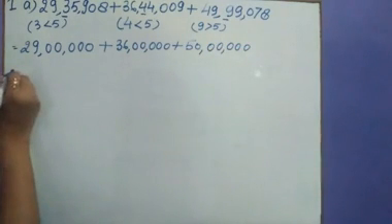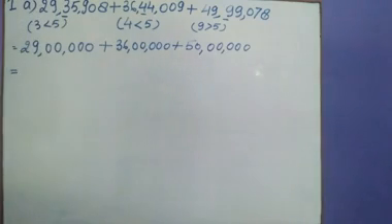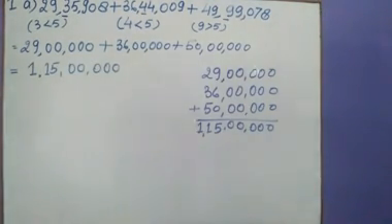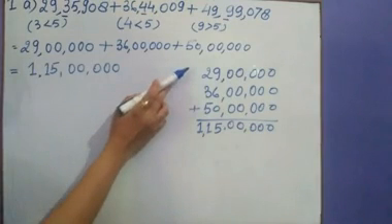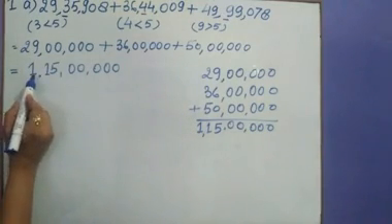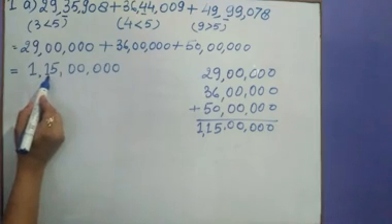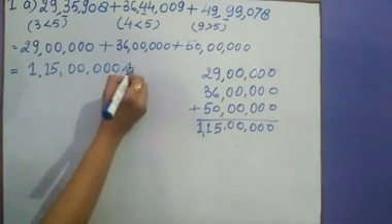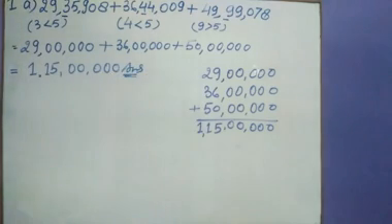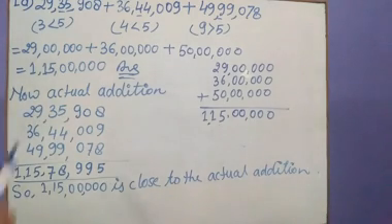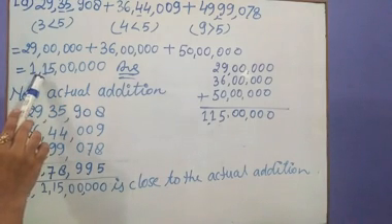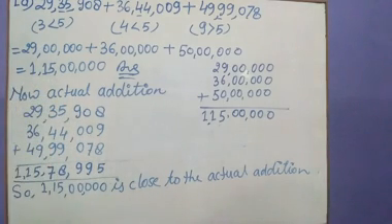Understood? Now we will add these numbers. After addition, we will get 1 crore 15 lakh and it is our answer. Now, we will check this answer with actual answer.